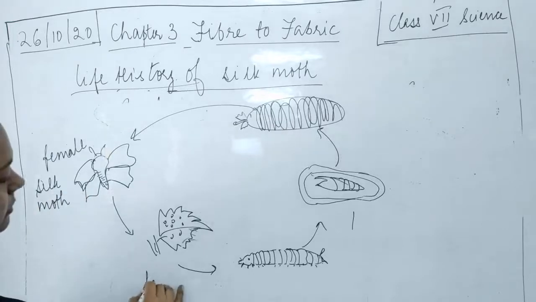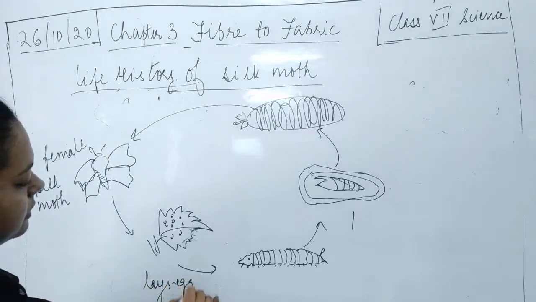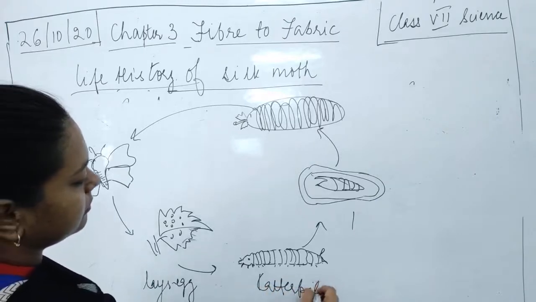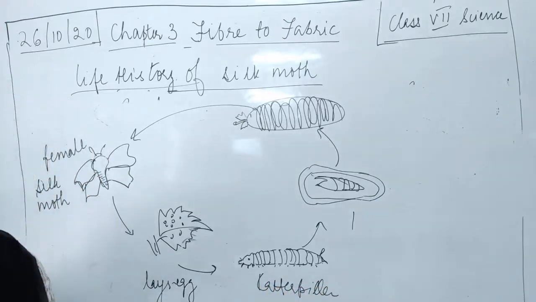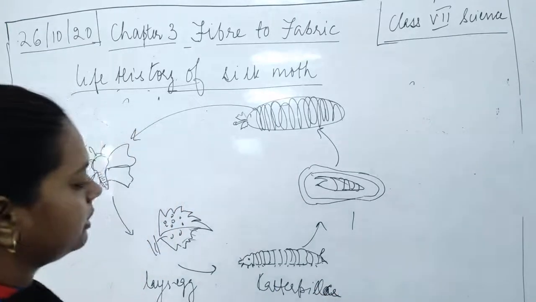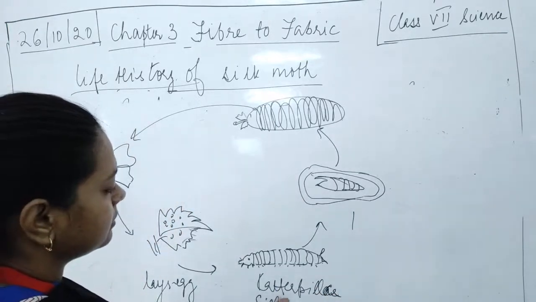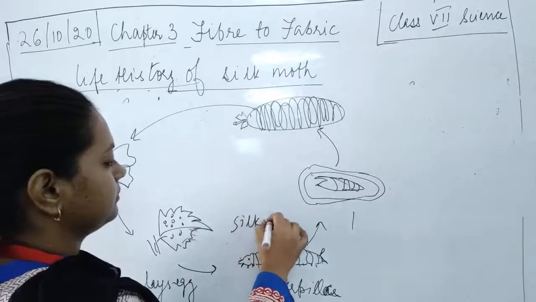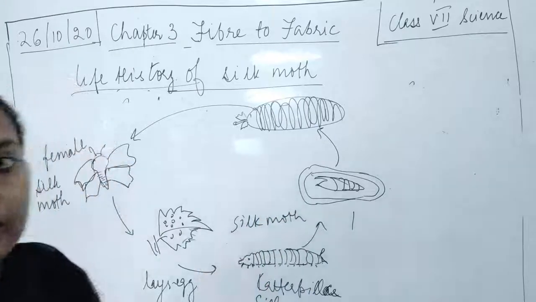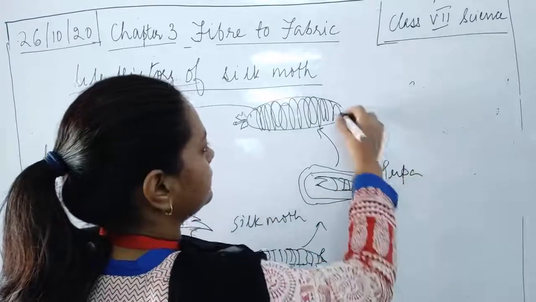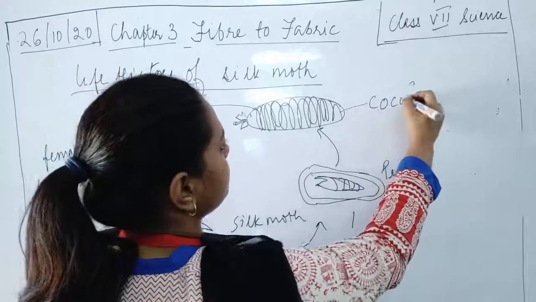It lays eggs, and they become caterpillars. Then it becomes a pupa, which creates the cocoon.